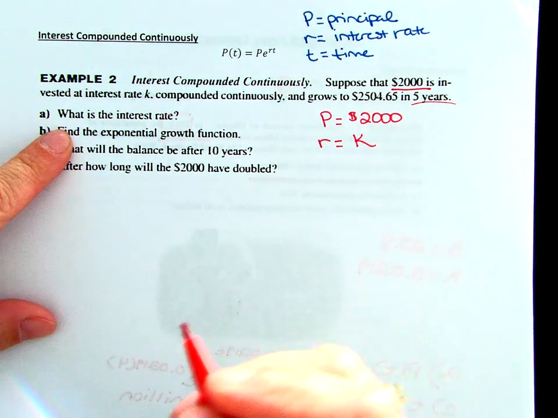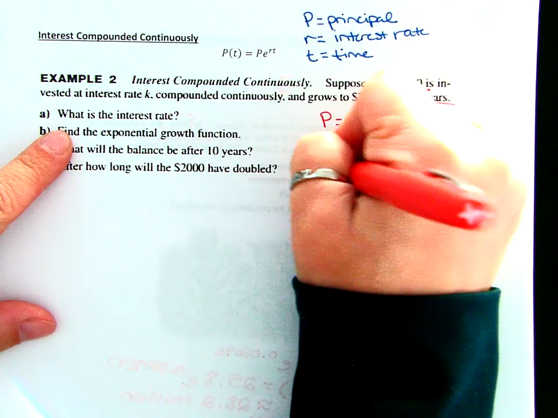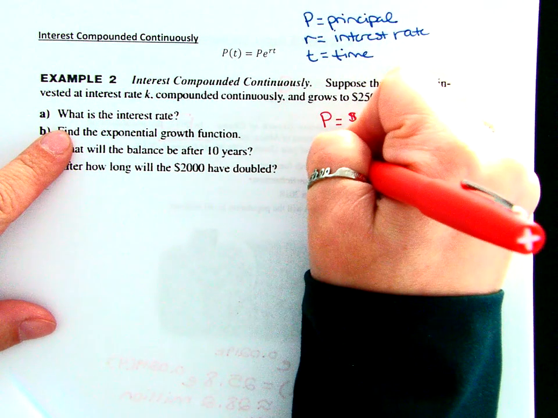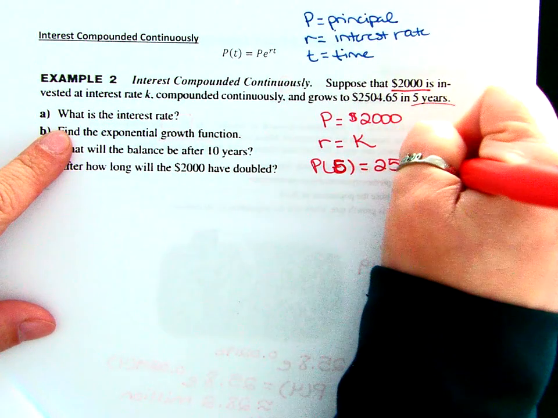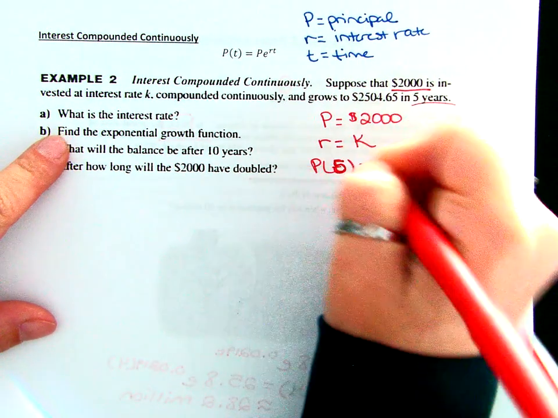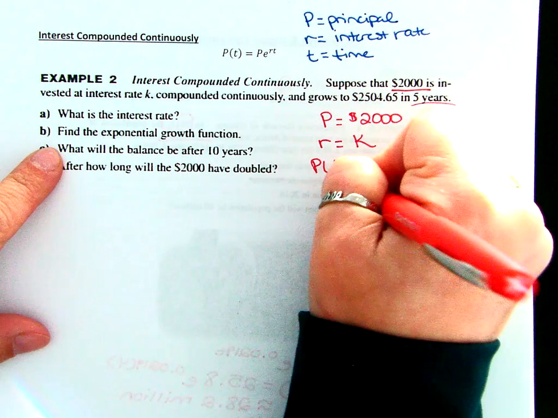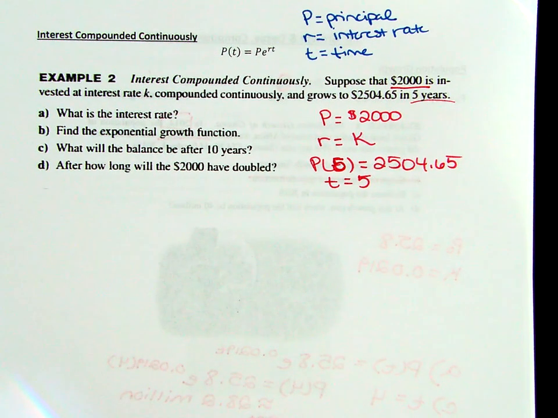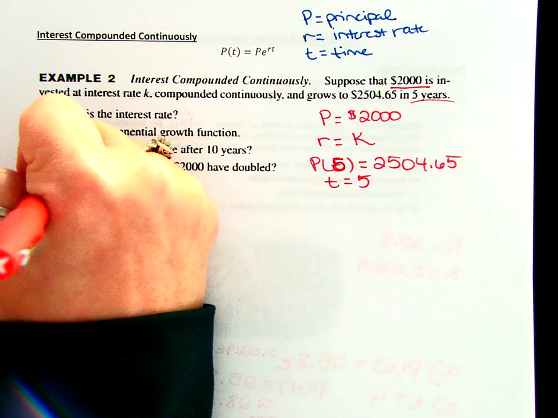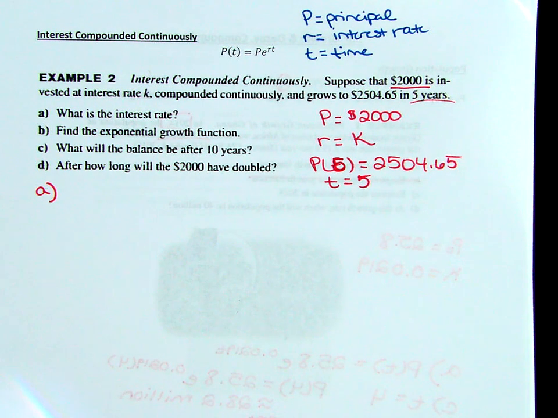Because we know that after 5 years, we have 2504.65. And to get started with, at least our time is 5. I like to take notes so I don't have to go back up to all the words. There's not a lot of words in this problem, but. So for part A, that's when we're going to plug in all the information we do know to come up with the one piece that we don't know.